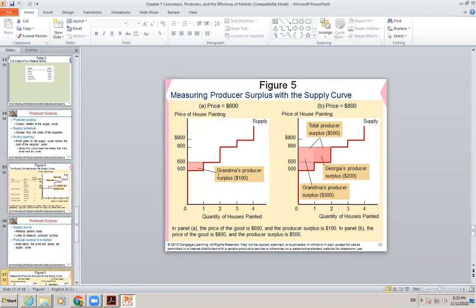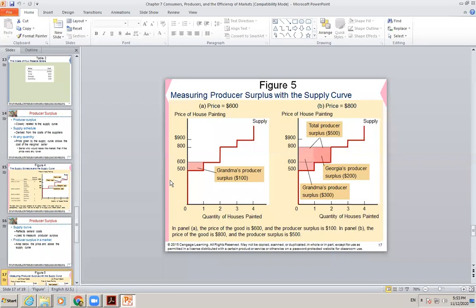So grandma's producer surplus: if she's selling for $600 and she was willing to sell for 500, her producer surplus is $100. If they're selling for 800, grandma's producer surplus is 300, and the additional marginal seller will get a surplus of 200. And the total producer surplus will be equal to 500.